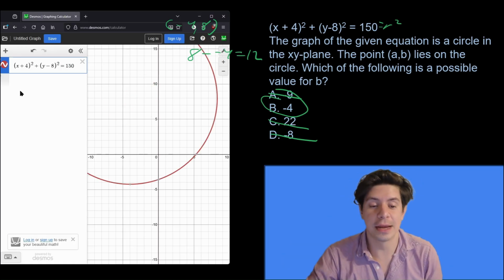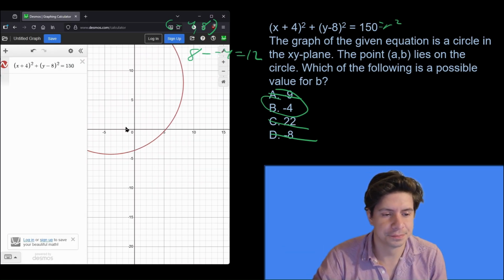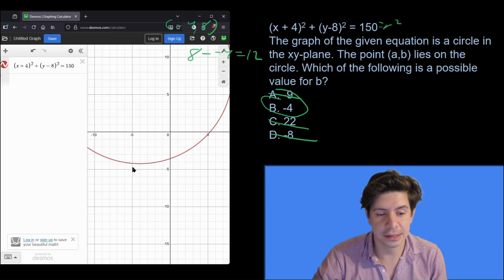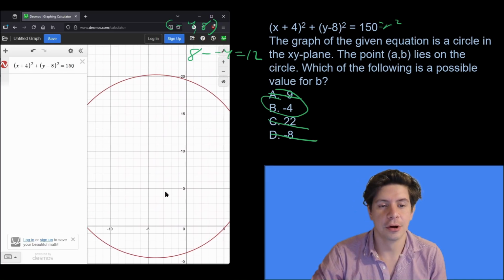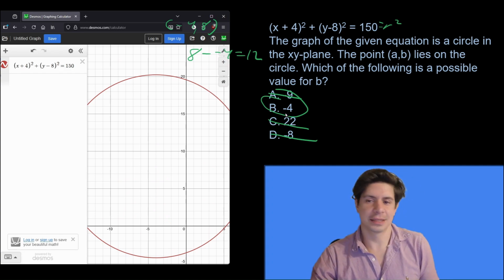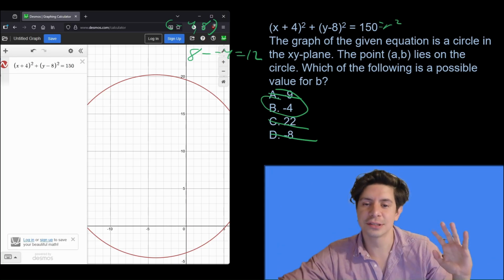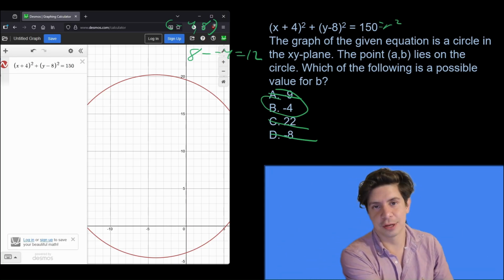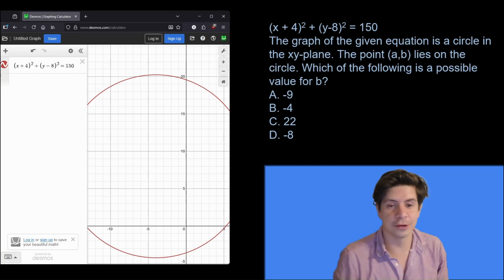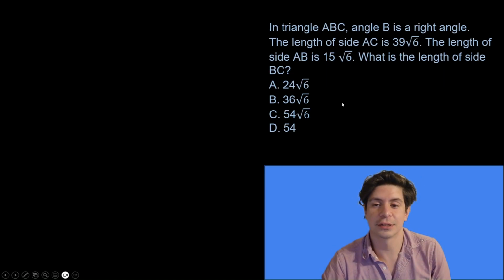And then I see the range of values for y. y basically goes to a little bit below −4, so −4 is in the range, all the way to a little above 20. So the only one that works is B. That's another way you could do it. Either way works. They're both pretty fast. I like the conceptual way, but I have a lot of students who like Desmos, so do whatever you feel is best. All right, let's try the next one.